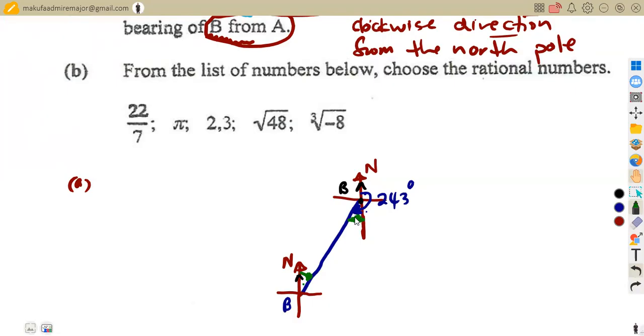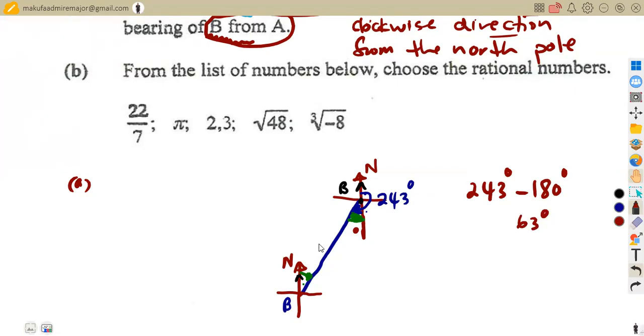How do I calculate this angle that is remaining here? Remember, the whole of this angle is 243, and we have a straight line, whereby we know that angles on a straight line add up to 180. So we are simply going to subtract 243 minus 180 degrees. We find the angle that is remaining at that point. So this angle is going to be 63 degrees.